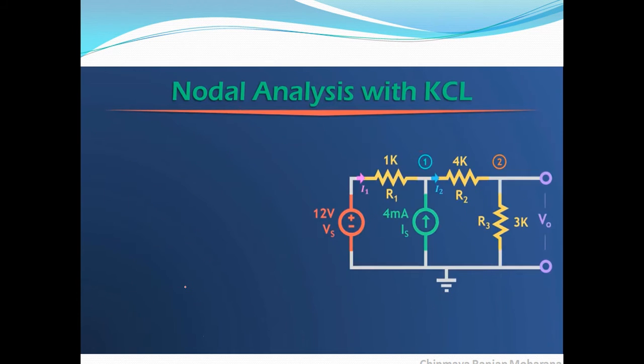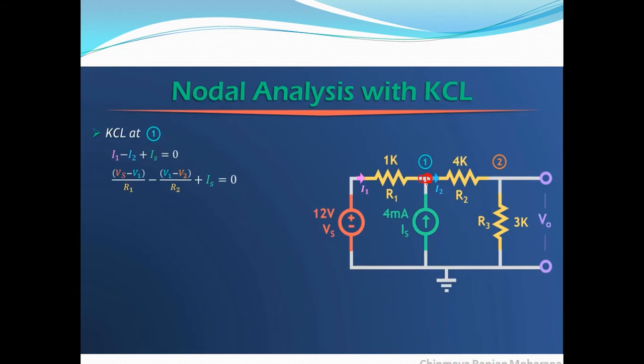Then we take an example. Here is our example. The resistors are connected here, with a voltage source of 12 volt and a current source of 4 milliampere. When we apply KCL at node 1, what will happen?